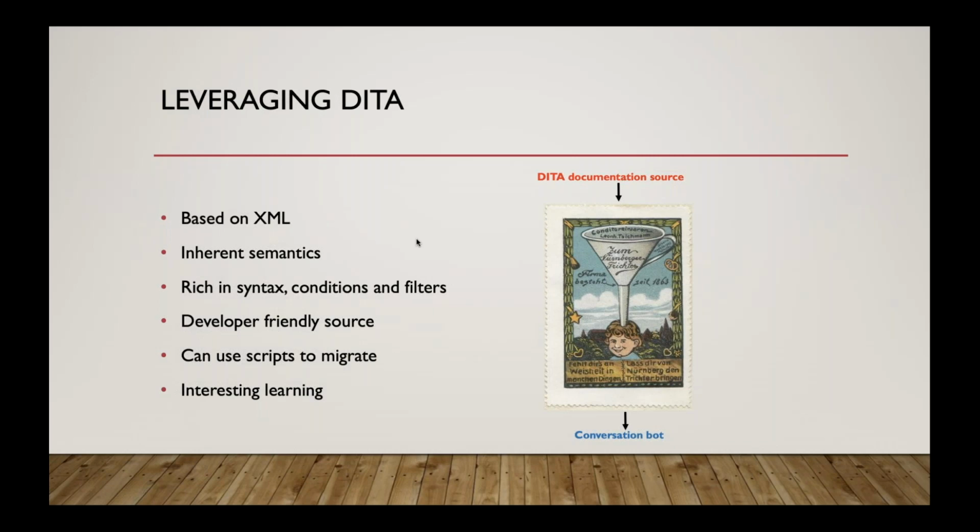We are able to use conditions and filters to switch on a lot of these particular factors. So it's a very developer-friendly source. You can use script to migrate and generate .json files from your data source code. And again, it's interesting learning.